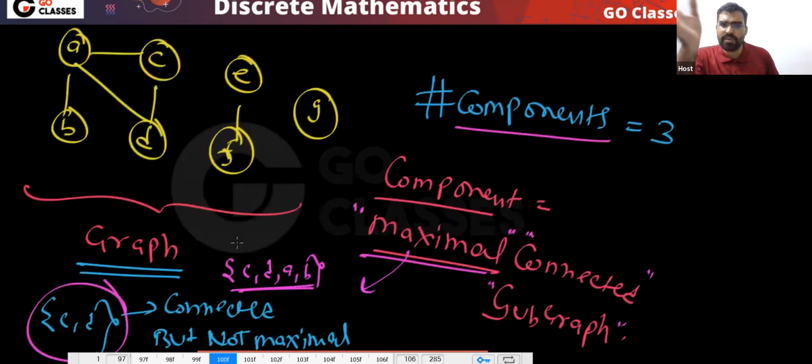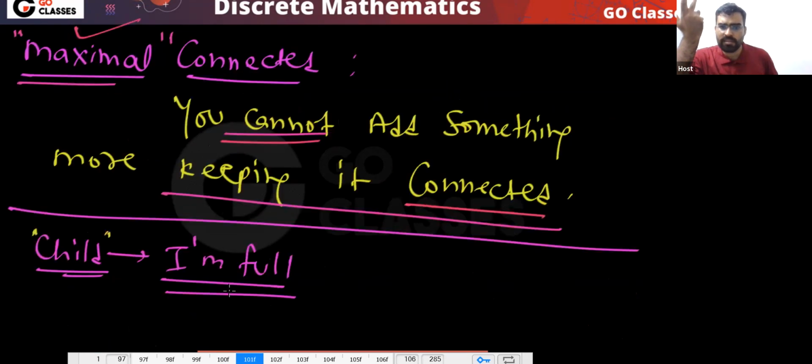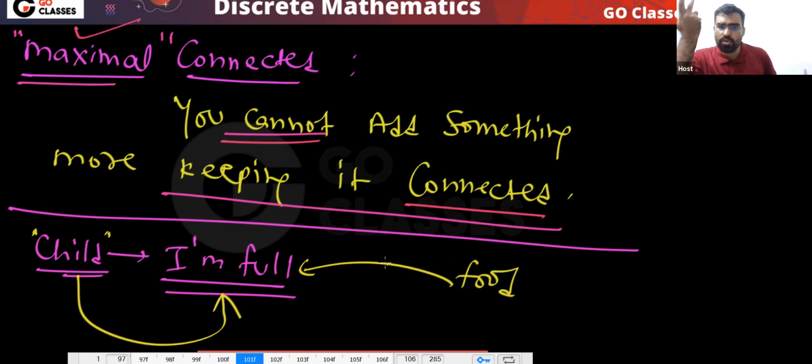Some students are saying add one more tummy, add one more age. This child is saying, I am full. Can you add some more food? You cannot add some more food. But some students are saying add one more tummy, two more tummy. Now is it clear? Don't add extra tummy.